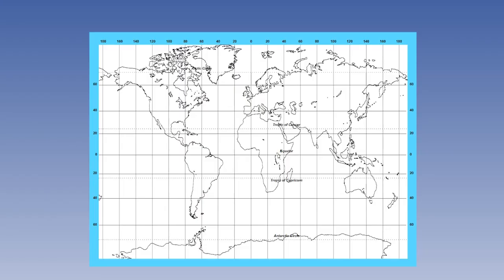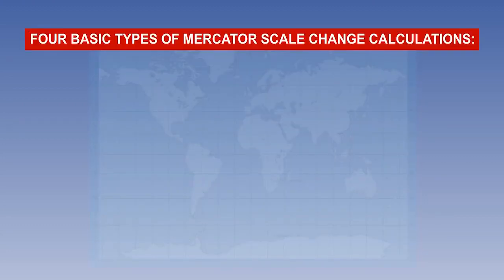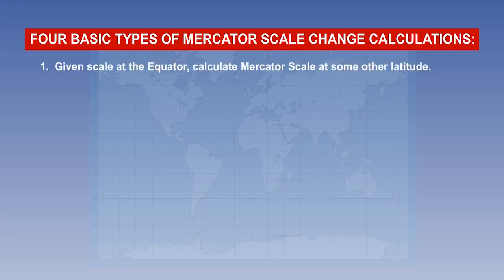So, to summarize, the ATPL syllabus requires you to be able to carry out Mercator scale change calculations. These calculations divide into 4 main types of problem. They are: given scale at the equator, calculate Mercator scale at some other latitude.